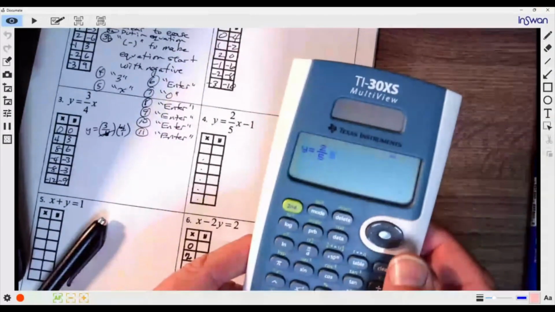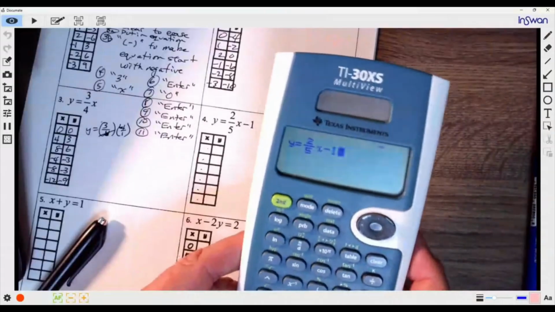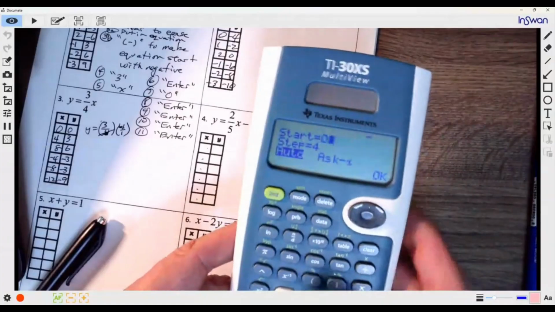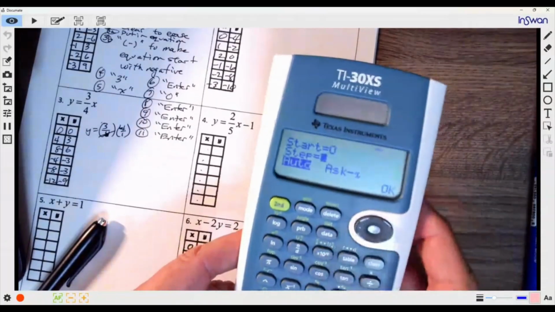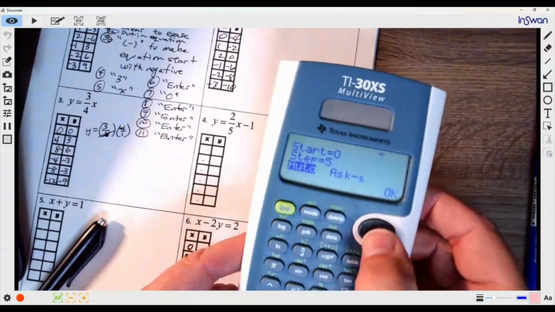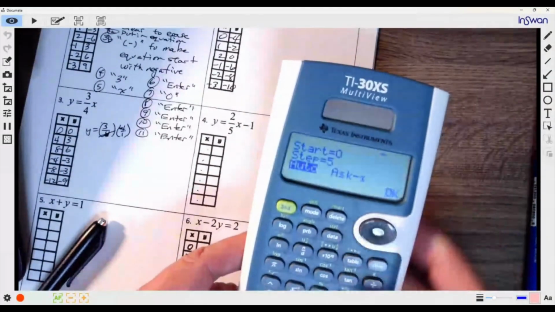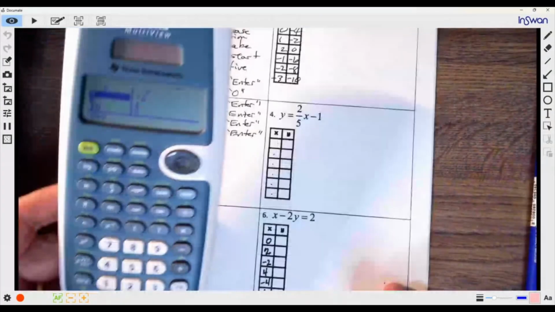Come out of the fraction. Put my variable x minus 1. Enter. We're going to start at 0. Because the denominator is 5, we're going to step 5. Auto. Okay. Enter.